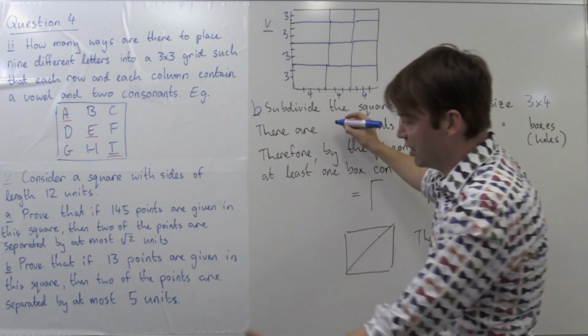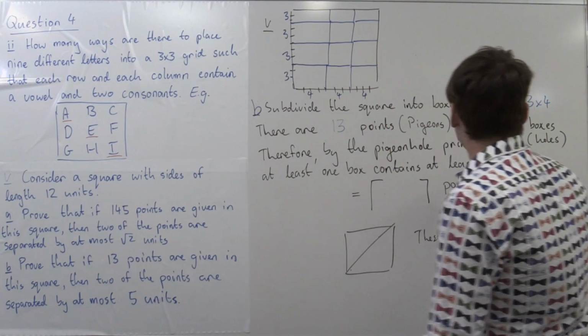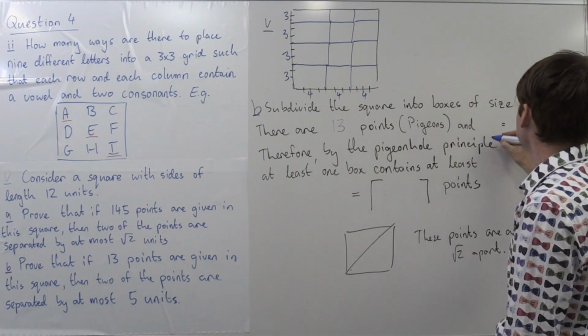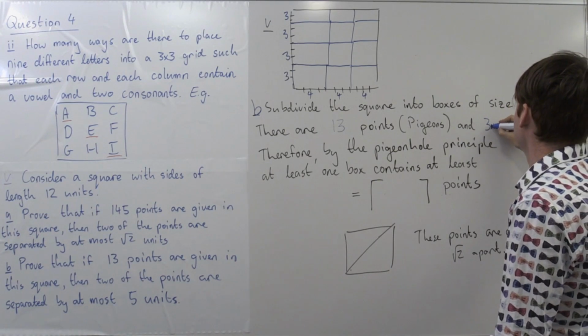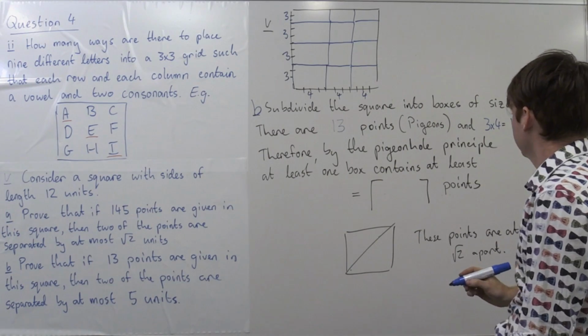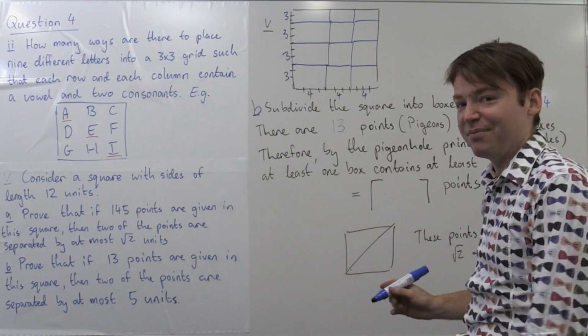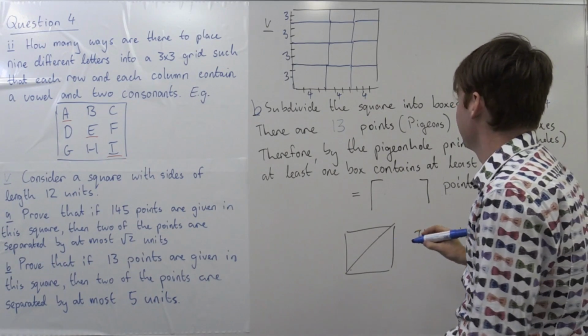There are, well, I know exactly how many points there are. There are 13 points. And how many boxes have I got? 12 boxes. That's 3 times 4 is 12 boxes. Good. I've got slightly less boxes than holes. That means the pigeonhole principle is going to tell me something important.